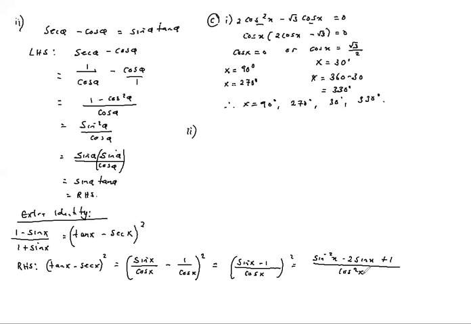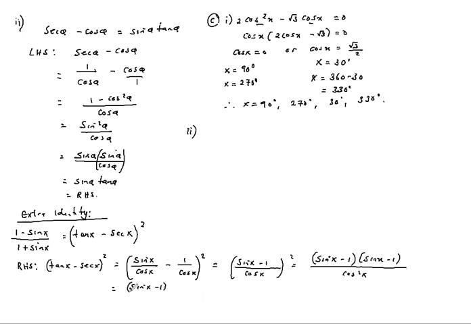There's no need of expanding the numerator there. It looks like it's already factorized. So just leave it in that manner and say this is sin x minus 1 multiplied by sin x minus 1. Then down here we have cos squared x. But what is cos squared x?